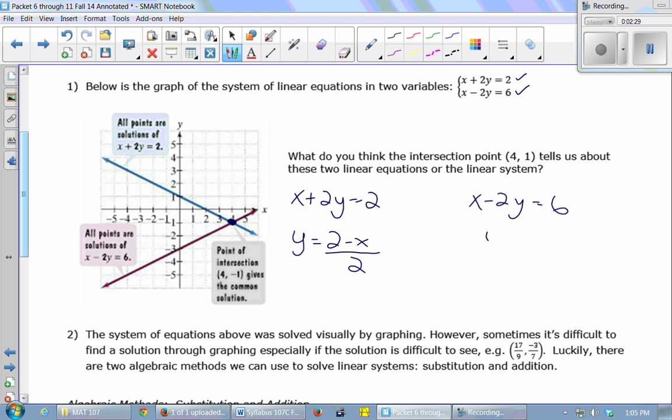And over here, I'm going to have y equals (6 minus x) over -2. Right, so one of the things we did last class was solving for one variable in terms of the others. So what this intersection point says is that if I were to write the equation (2 minus x) over 2 equals (6 minus x) over -2, what would the solution be?